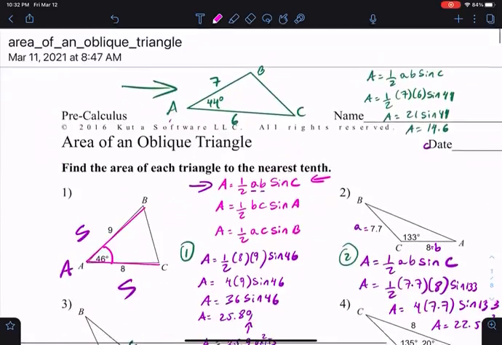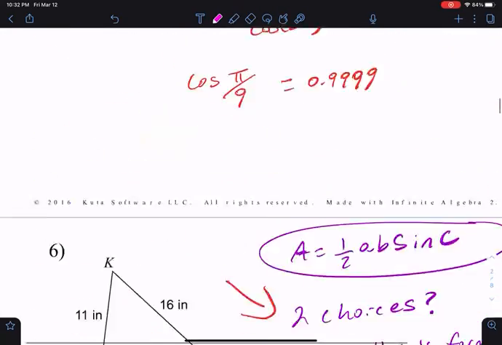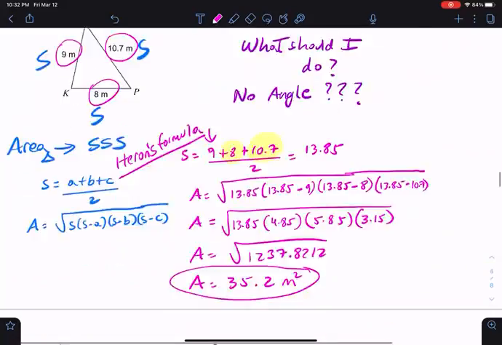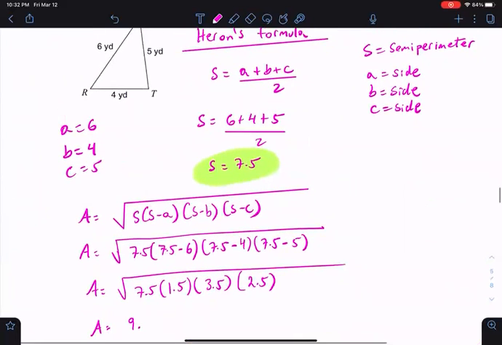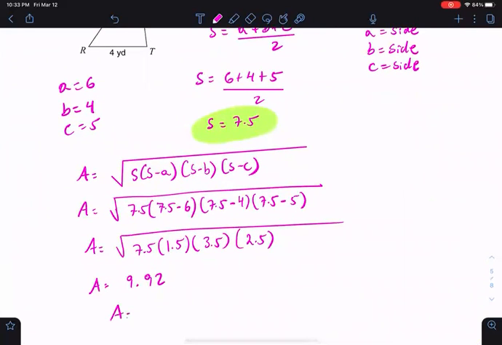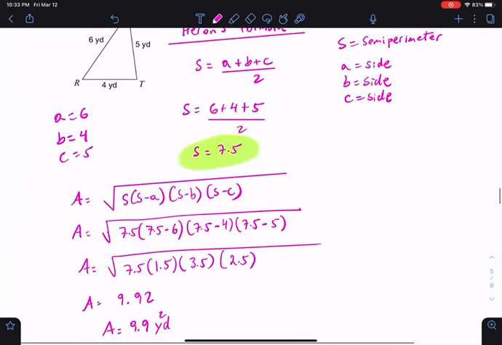Round to the nearest tenth. That means I have 9.92, so this is 9.9. And the units are square yards. That's it, done. It is that simple.